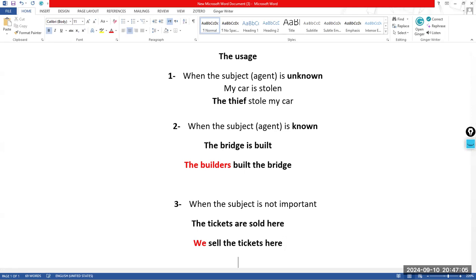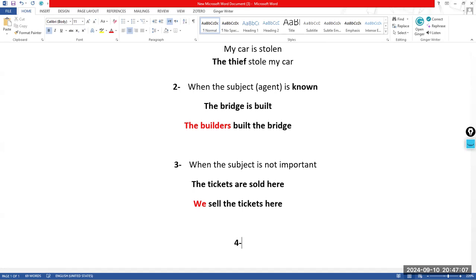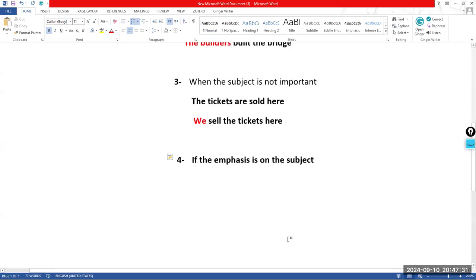And the last usage of the passive voice is if the emphasis is on the subject. What do I mean if the emphasis is on the subject?